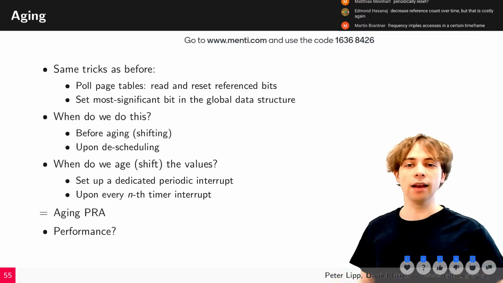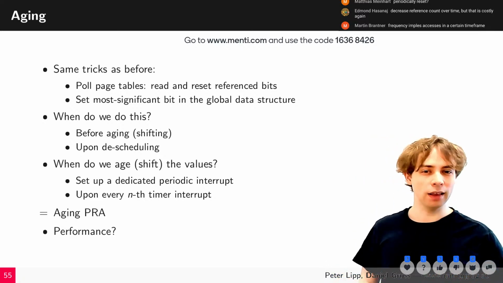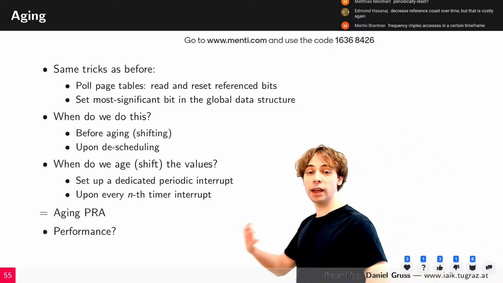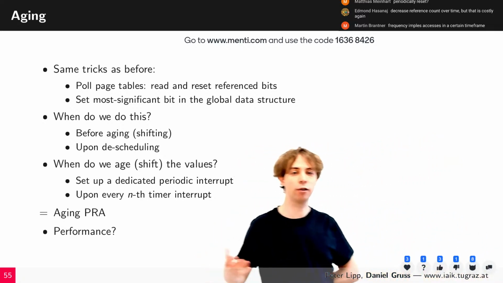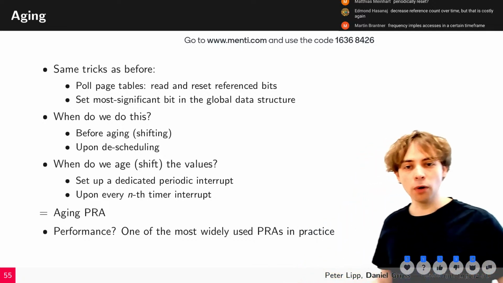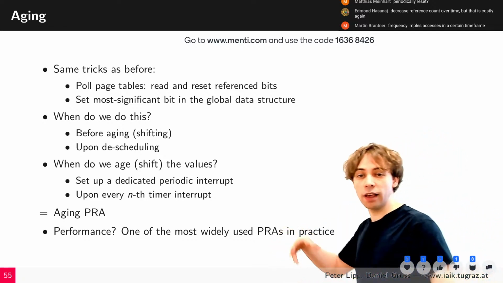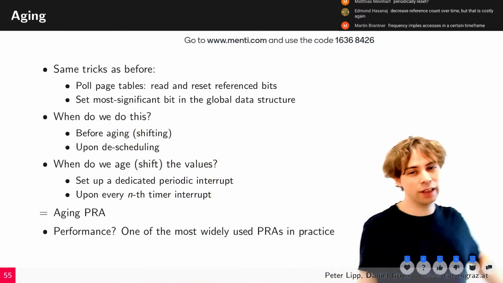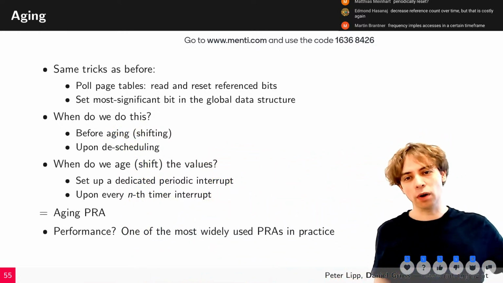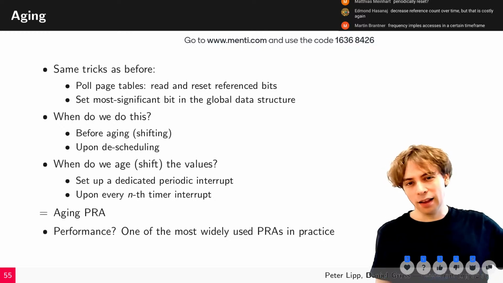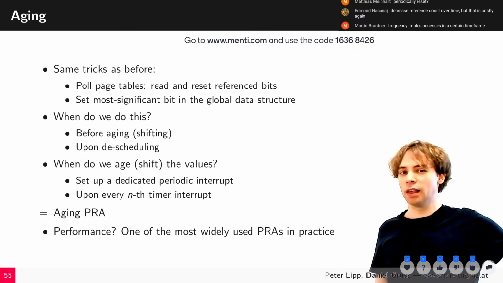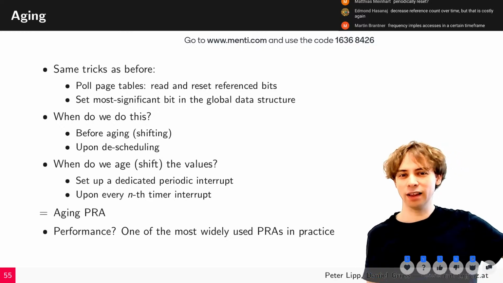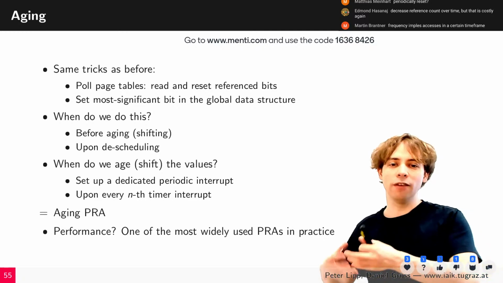So it's again taking the principle of locality a bit more into account, because it forgets information. One of the most widely used PRAs in practice, yes, aging is widely used. You will also find, however, that variations of clock are used in practice, and sometimes it's difficult to tell what the actual algorithm now actually is, because it has evolved over time.